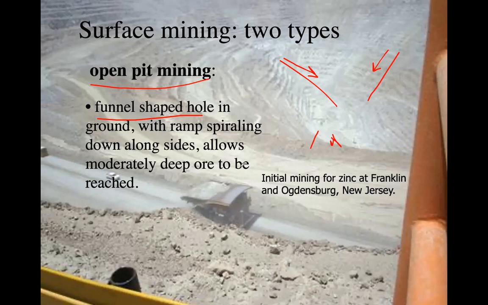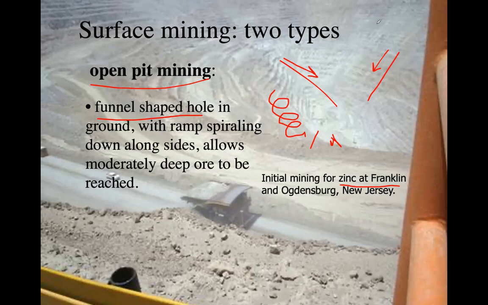So it can be spiraling down along the sides. That means from like this, right? From the sides, you can go, right? In a circular direction, right? So this is an example of a zinc ore in the US, right? They are doing open pit mining.